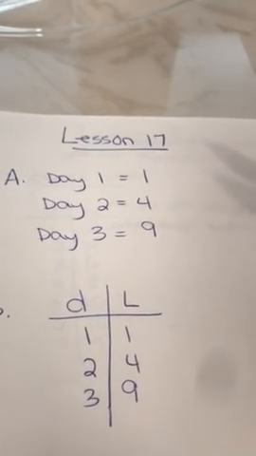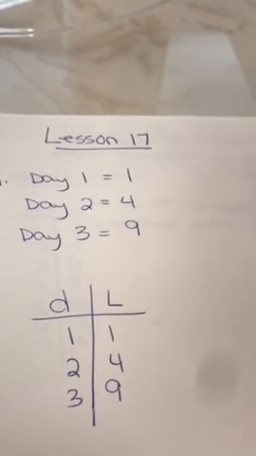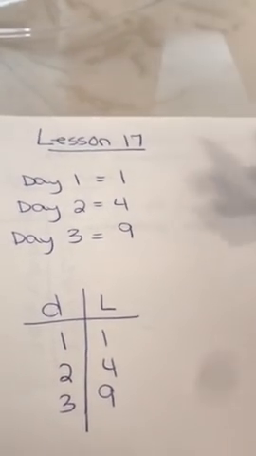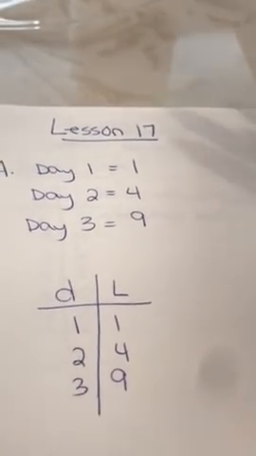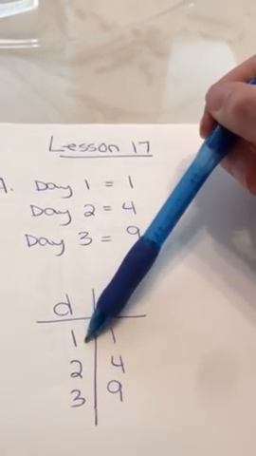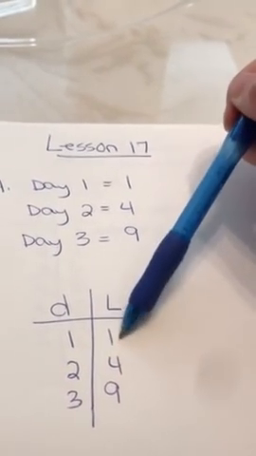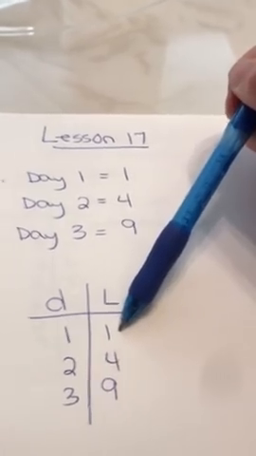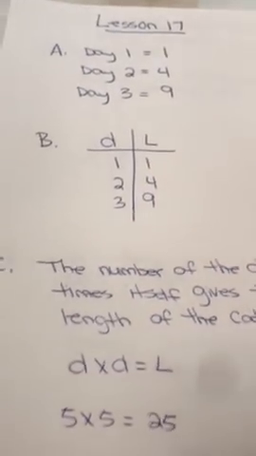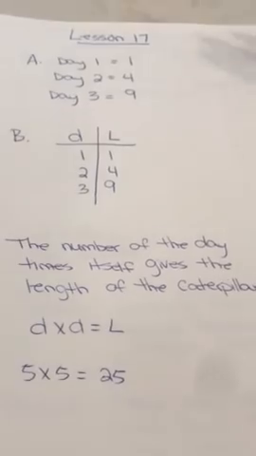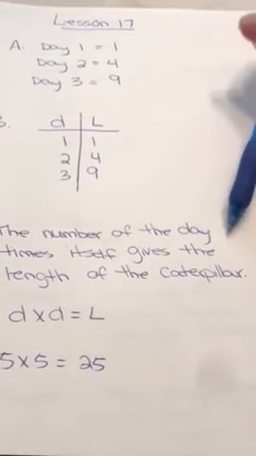Okay, I'm hoping that for C, where it says find a relationship between the length of the caterpillar and the day, how would you represent this in words? I'm hoping that you are noticing that the number of the day times itself is going to give you that length. Okay, so again, the number of the day times itself gives you the length of the caterpillar.